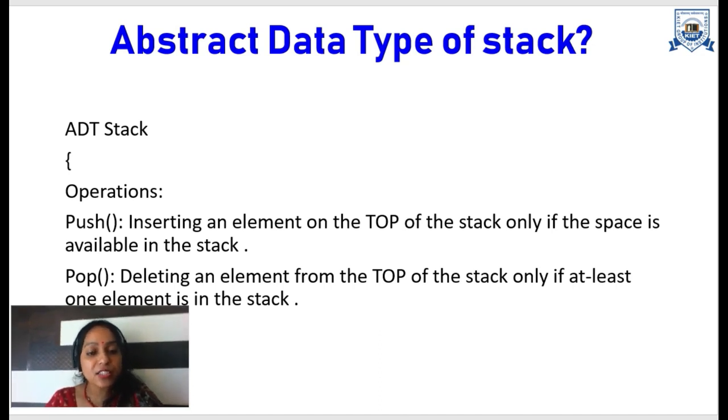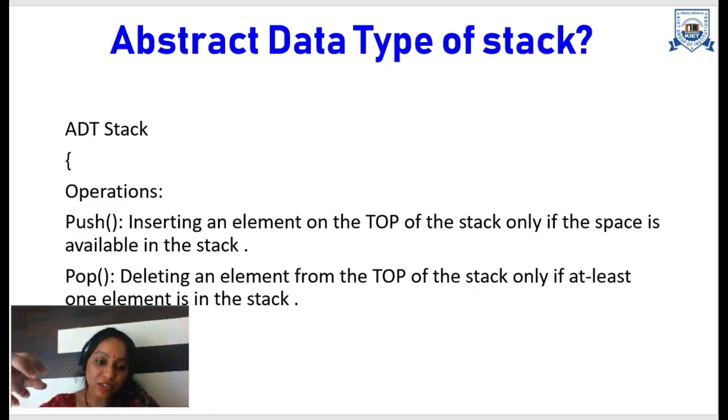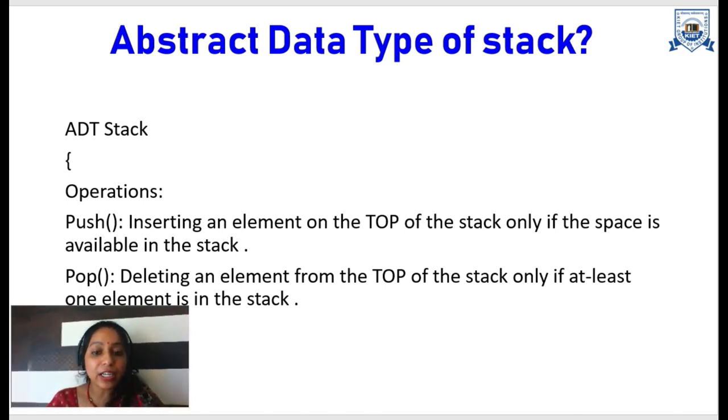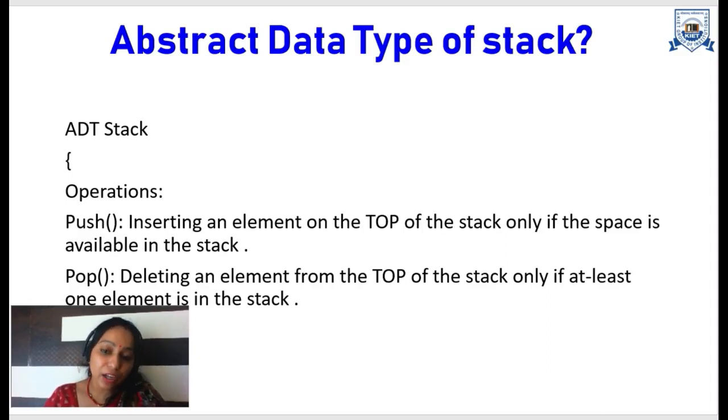Okay, next is the deletion operation, that is called the pop operation. Now we can delete an element from the stack. The place from which we are deleting an element is the last index location, that is referred to by the top variable. So we are deleting an element from the top of the stack, and we can only delete that element if the stack has at least one element.